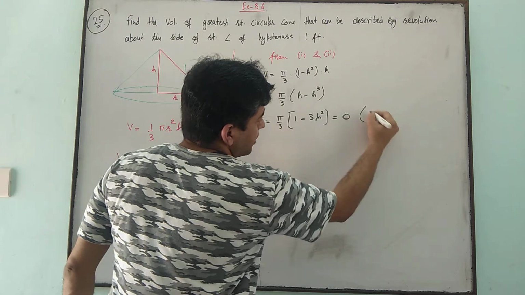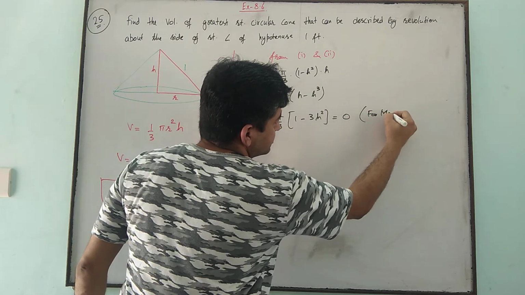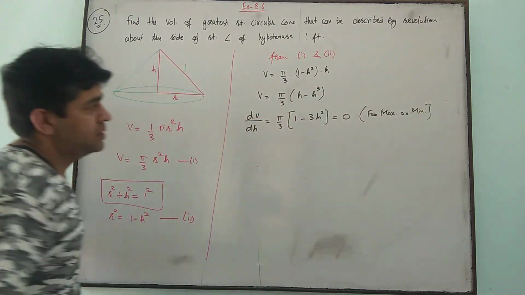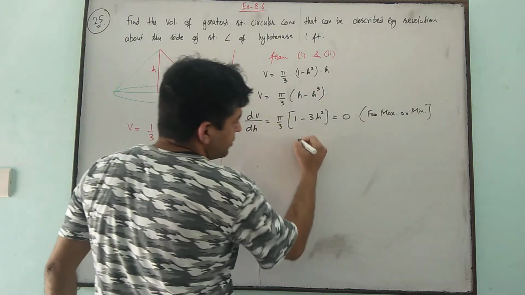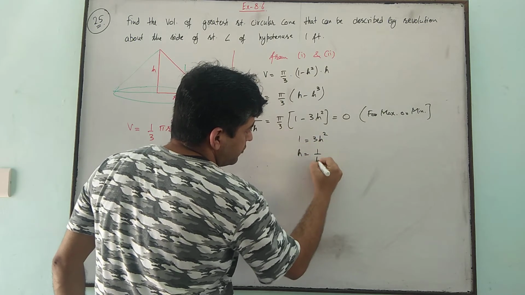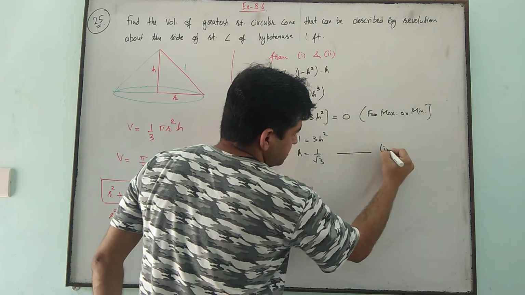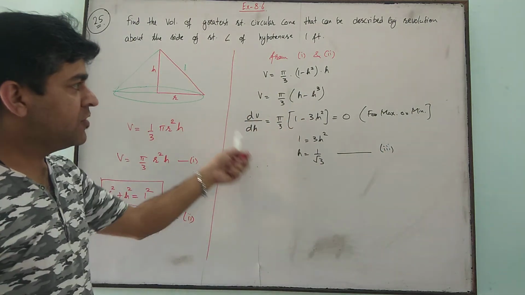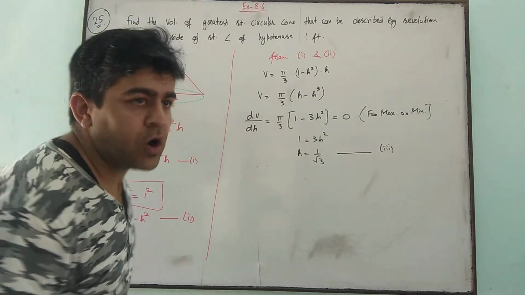For maximum or minimum, put it equal to 0. Then we got 1 is equal to 3h square, that is h is equal to 1 by root 3. At this point, when h is 1 by root 3, volume will be either maximum or minimum.